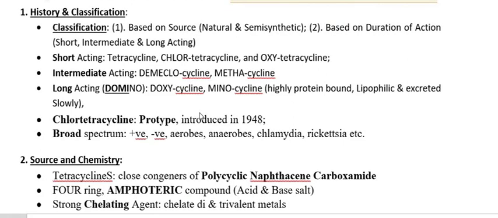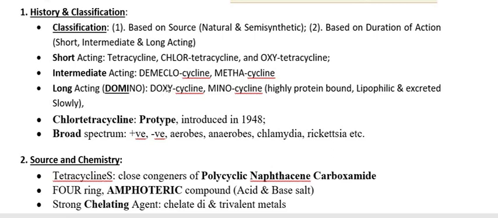And the third and the last are the long-acting tetracyclines, in which there are mainly two important tetracyclines. Why are they long acting? Because they are highly protein bound as well as lipophilic. Because of their lipophilicity, they stay within the body for a longer time interval, and therefore they are kept under the long-acting tetracyclines. These long-acting tetracyclines are mainly two: doxycycline and minocycline.